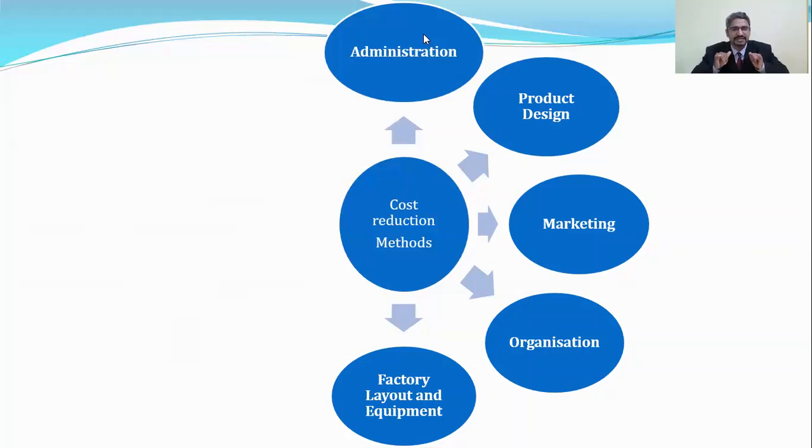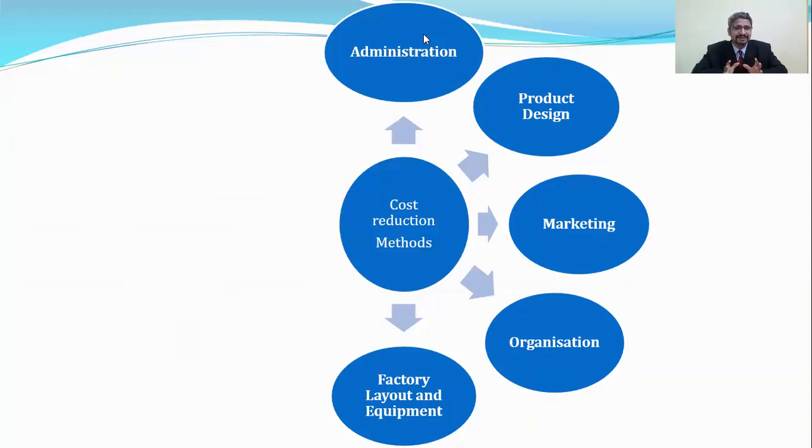If we succeed in reducing the wastage of labor time as well as material, we will be achieving cost reduction, as well as maximizing the use of existing facilities. How can we effectively use the given atmosphere, the given structure of the layout? That is very much essential to understand in cost reduction methods.